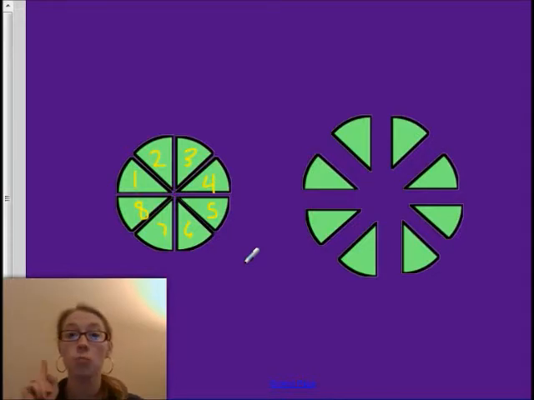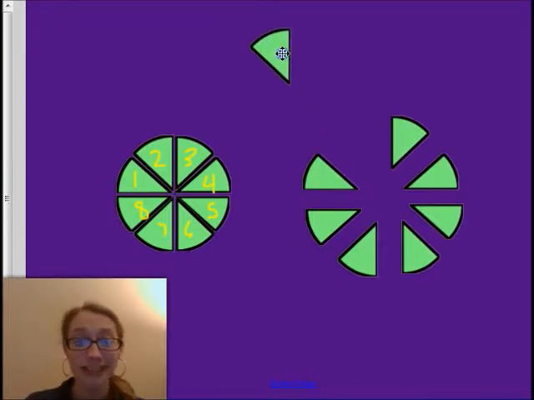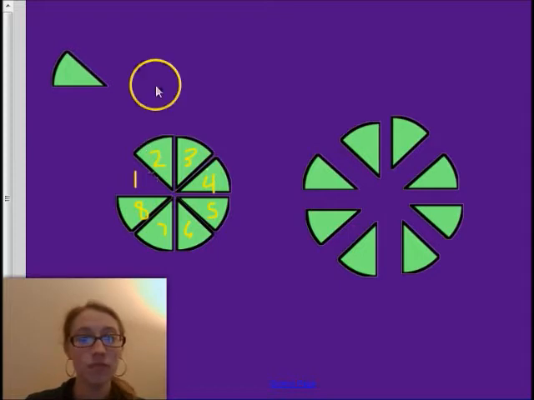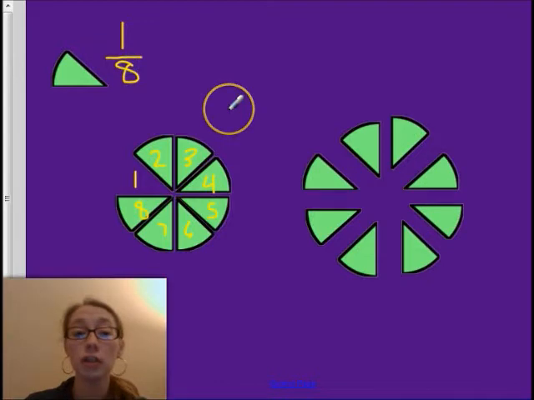What fraction is one piece? If I took away one piece, what fraction is that going to be? 1/8. So our unit fraction for this moldy piece of cheese is 1/8.